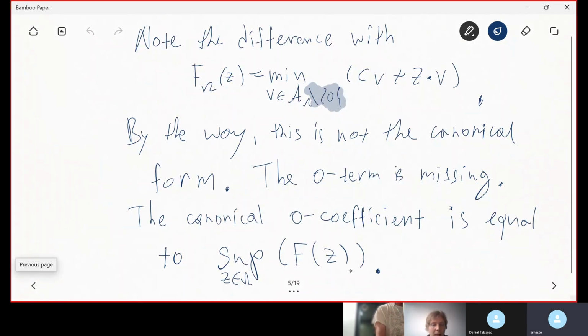Is there, in classical geometry, not tropical, an analog of this canonical form? I'm afraid not, because in the classical setting everything contributes. That's why it's so confusing, because there is no classical counterpart.